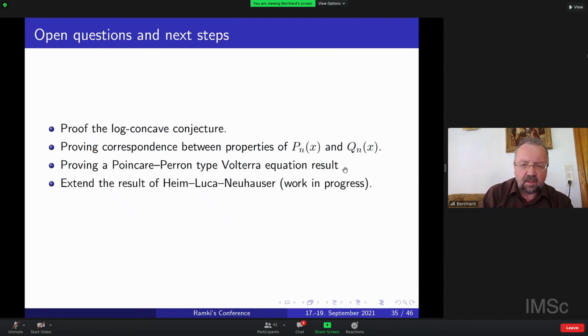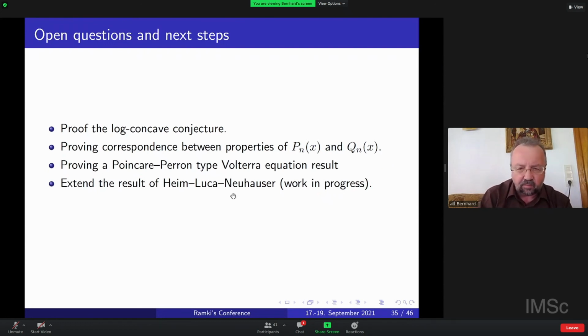Extend the result of Heim, Lucca, and Neuhäuser, which was proved by algebraic methods, that certain algebraic numbers cannot be roots of the polynomials. This is very difficult, but maybe with algebraic number theory one can exclude certain cases which maybe cannot be done by analytic results.